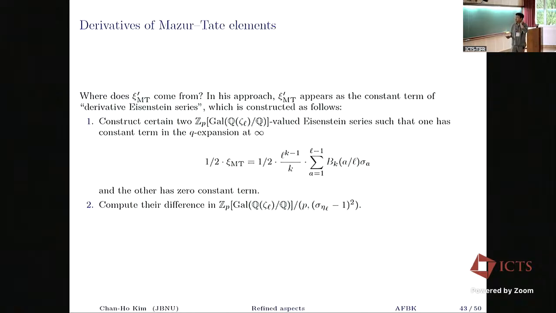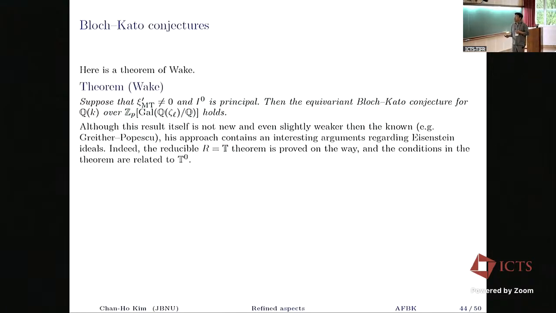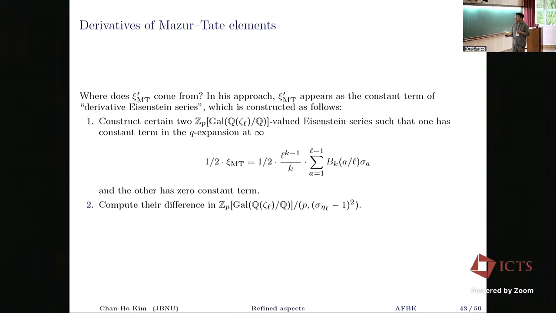He constructed certain two group ring valued Eisenstein series, such that one has constant term in the q-expansion at infinity like this, half of a Mazur-Tate or Stickelberger element, and the other has zero constant term, and computed their difference in the group ring quotient by p and all the higher degree terms. That's how he gets the derivative.